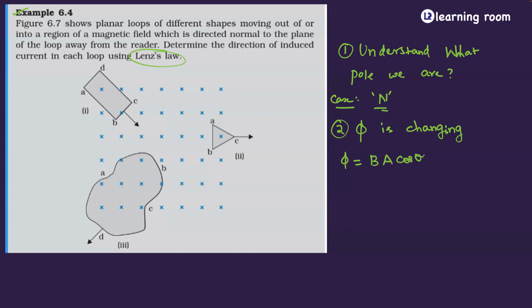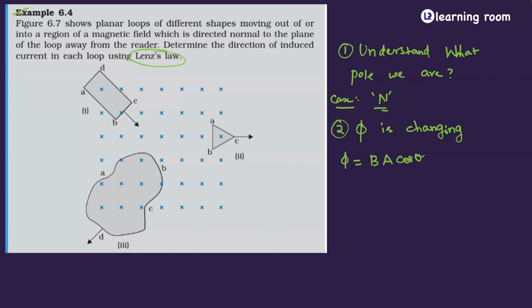In this case, if I look at all the three scenarios, what is constant? The magnetic field received by the board is constant because they have given a uniform magnetic field. Secondly, it is in the same direction, so the orientation is not changing. But when the coil is moving into the magnetic field or out of the magnetic field, the area that is inside the magnetic field is changing.